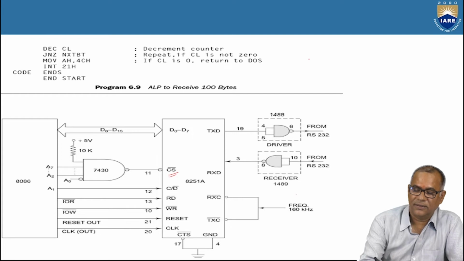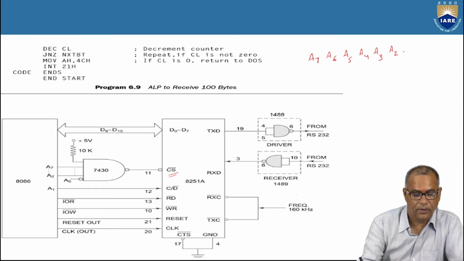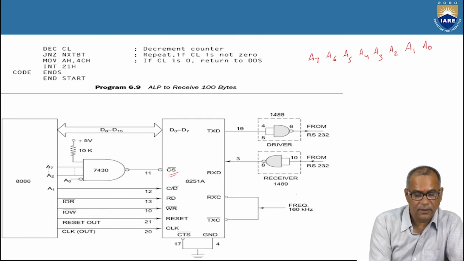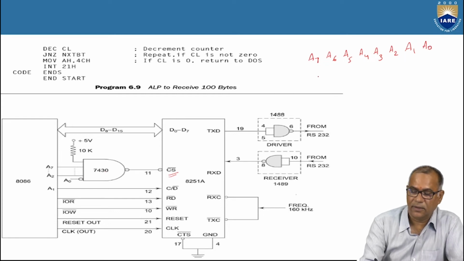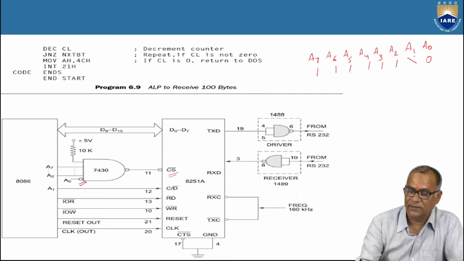So the address lines are A7, A6, A5, A4, A3, A2, and A1 and A0. So here all these things are connected to an AND gate. So when all these things are 1, then the chip select, the 8251A is selected, and A0 has to be 0 because we have put a bubble here, and A1 is X.